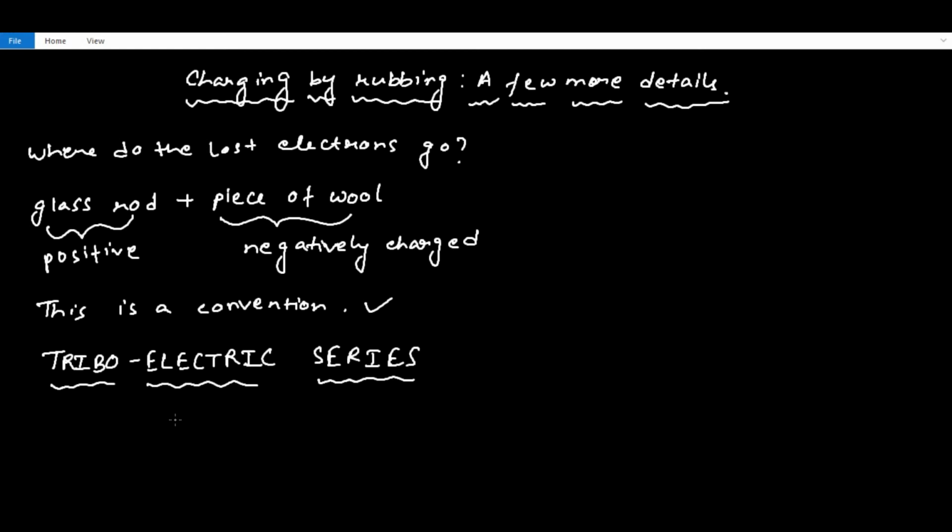So it consists of materials arranged sequentially, and the items which are present on the top of the triboelectric series, when rubbed with items which are present at the bottom of the series, the top items will get positively charged.